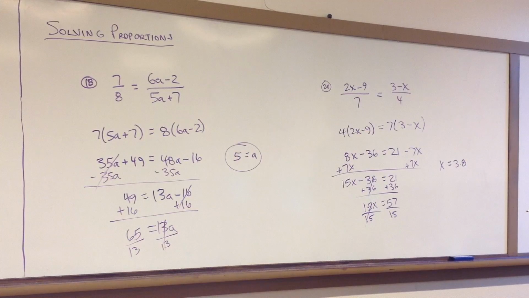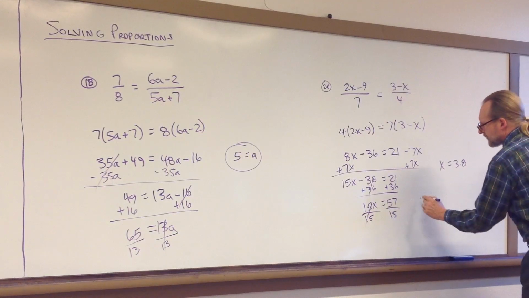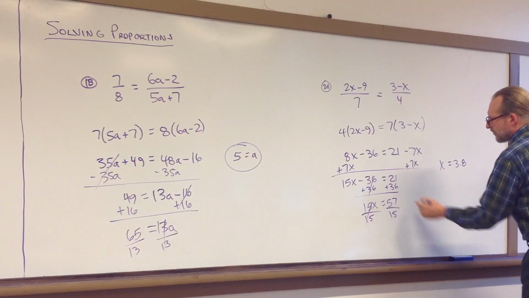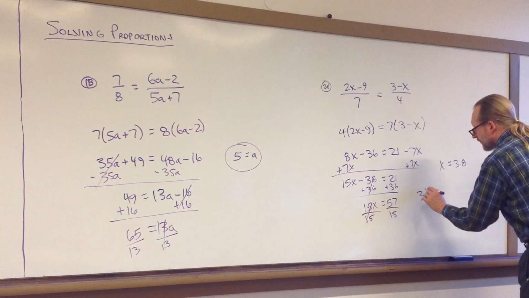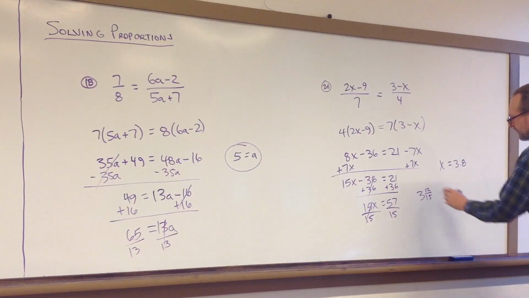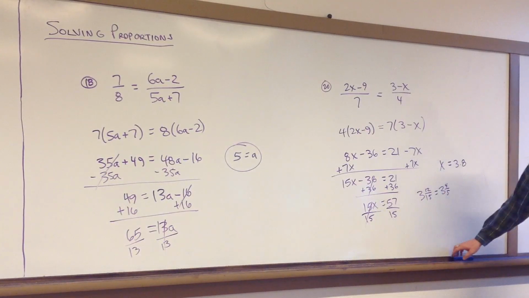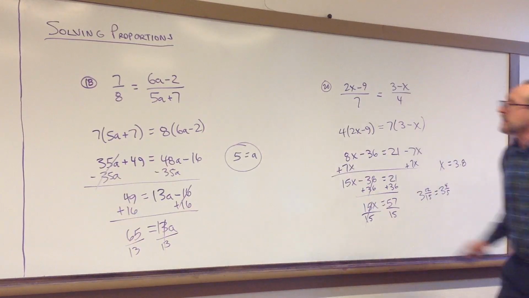Let's see here. 12 over 15. So what's happening here is 3 times 15 is 45, and this is 12 more than that. So it's 3 and 12/15. So I think I reduced that fraction wrong. Those are both divisible by 3. So that's 3 and 4/5. I thought it was 3 and 3/4 for a minute there. Okay.